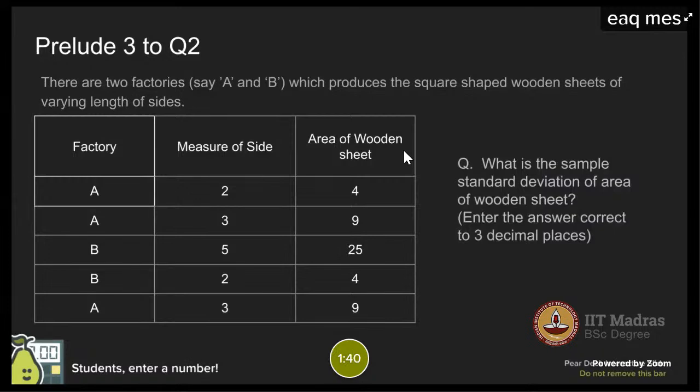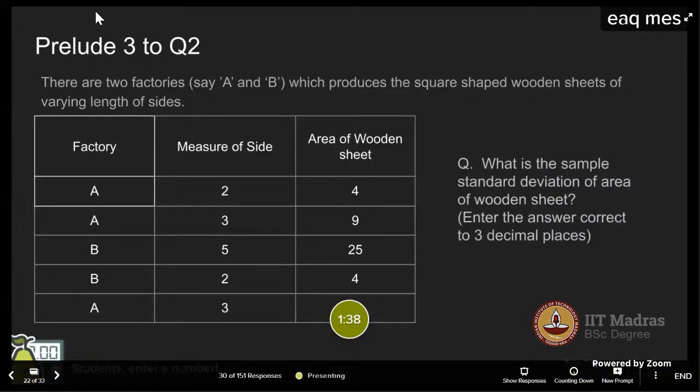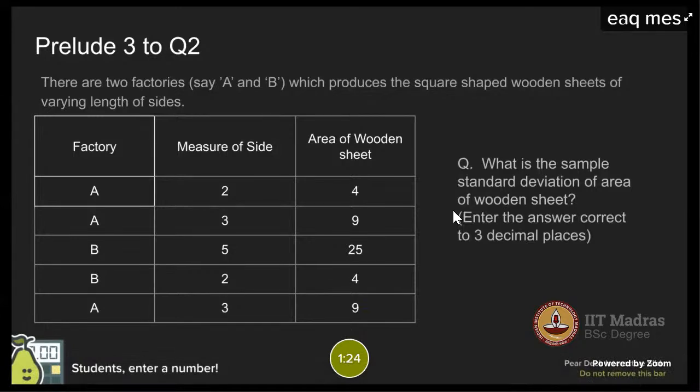Sir, I have some doubt regarding the bonus assignment. Okay, which week? Week 4. Actually, sir, the confusion is that there is a question where the simple interest is given for A and B. The sample standard deviation is given for A and B, and their covariance is also given, and the number of observations.